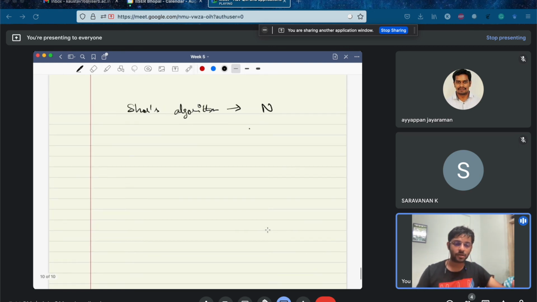So these were some of the trademarks of the quantum computing and quantum information worlds.